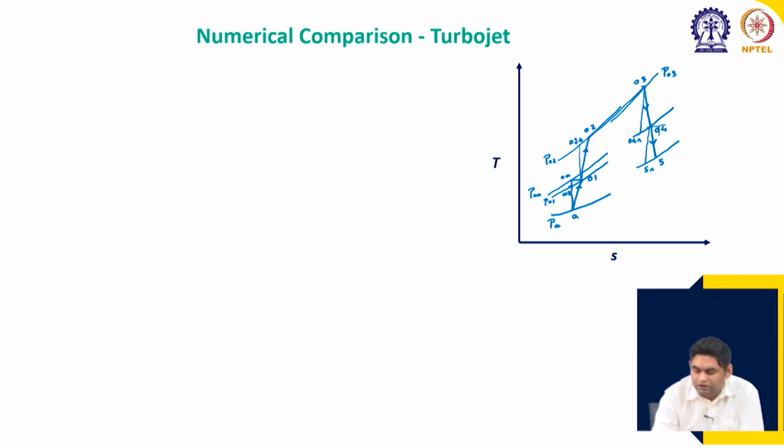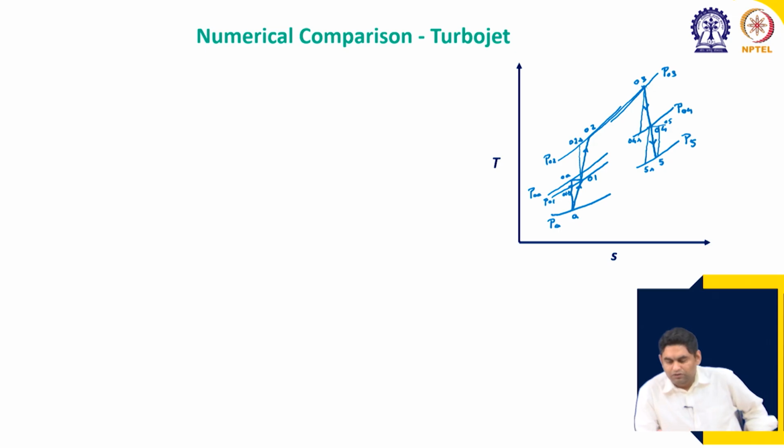We can also draw the corresponding point 05 here and the P 05. So, this is P 5, this is P 04. P 5 may be equal to atmospheric pressure or may be higher than that, depending on whether the nozzle is not choked or choked. If it is choked, it will be higher than that. Probably in this case it will be choked, because we have seen that for the other cases also it was choked, and in this case chances are more.